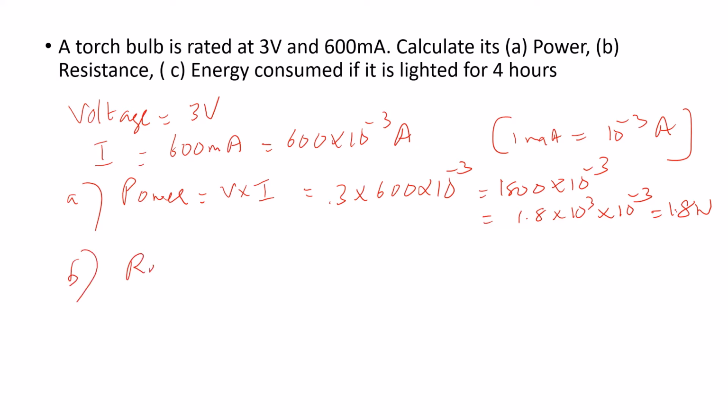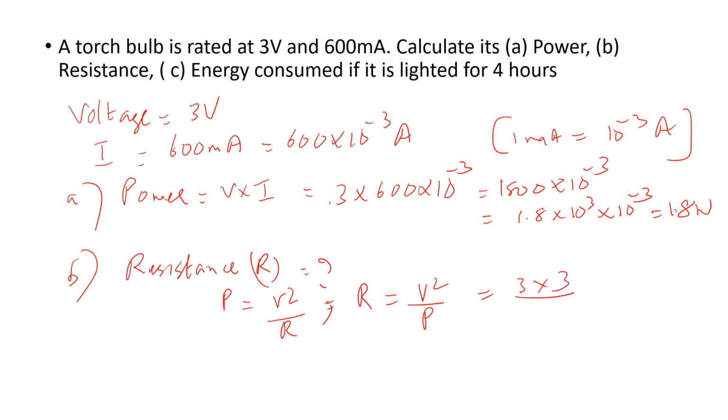Second, we have to find out resistance. Resistance is R. So we know what is V, what is I and P. So we can make use of the formula P equal to V square by R, because from that we can find out an expression for R which is V square by P. So V is 3, so 3 square is 9. 3 into 3 divided by power is 1.8.